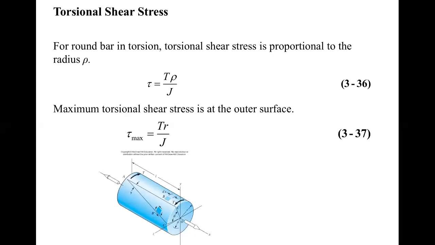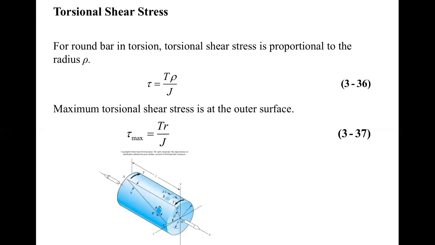For pure bending or transverse bending, we know the maximum normal stress is on the surface, and the maximum transverse shear stress is at the center points. For the torsional case, the maximum shear stress is on the surface, and the center point shear stress is 0.